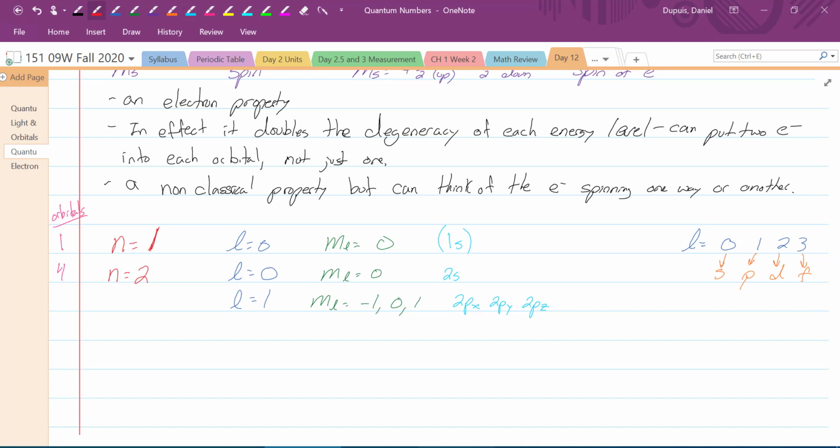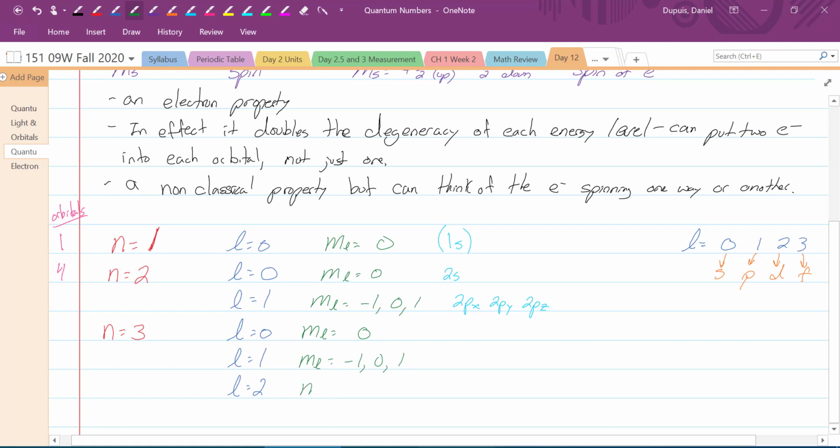Now, if n equals 3, L can be 0, L can be 1, L can be 2. If L is 0, ML is 0. If L is 1, M sub L could be negative 1, 0, or 1.